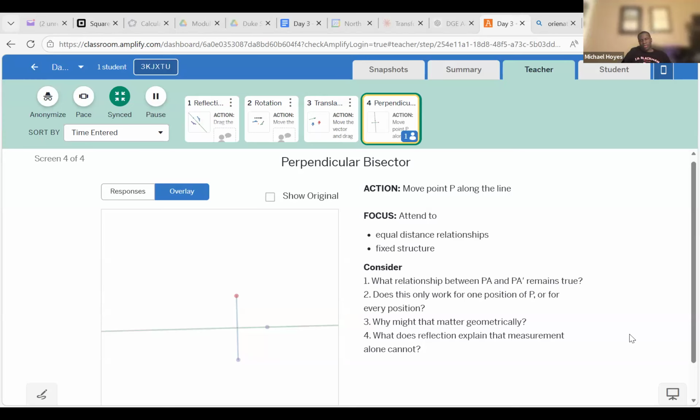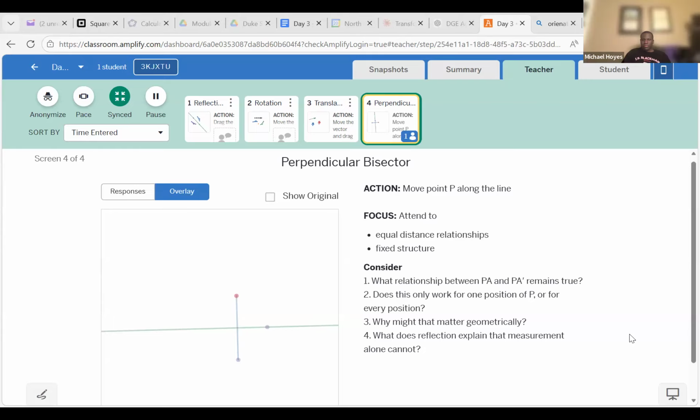So what does that mean? What does that give you? The points that make up the perpendicular bisector are corresponding to each other. They're reflections of each other across that bisector, right?